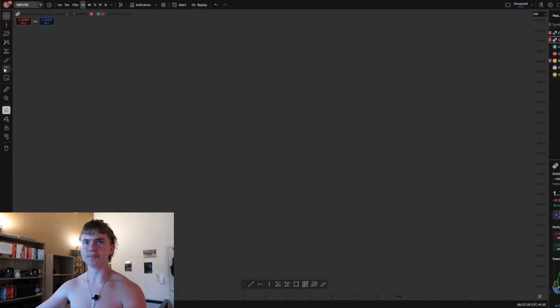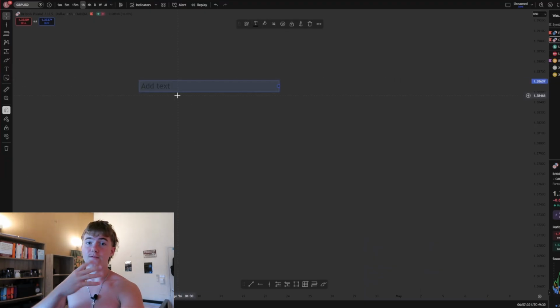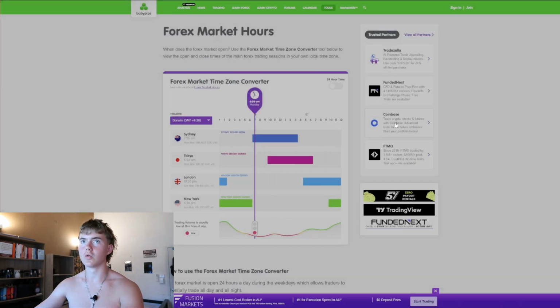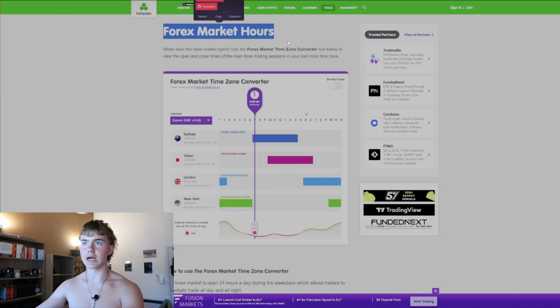Alright, so there's 4 main banks, but one of them is Australia, and that has very little liquidity, so no one trades it basically. There's a cool tool called Baby Pips, and you just search their Forex market hours. You can see right now it's in the morning.